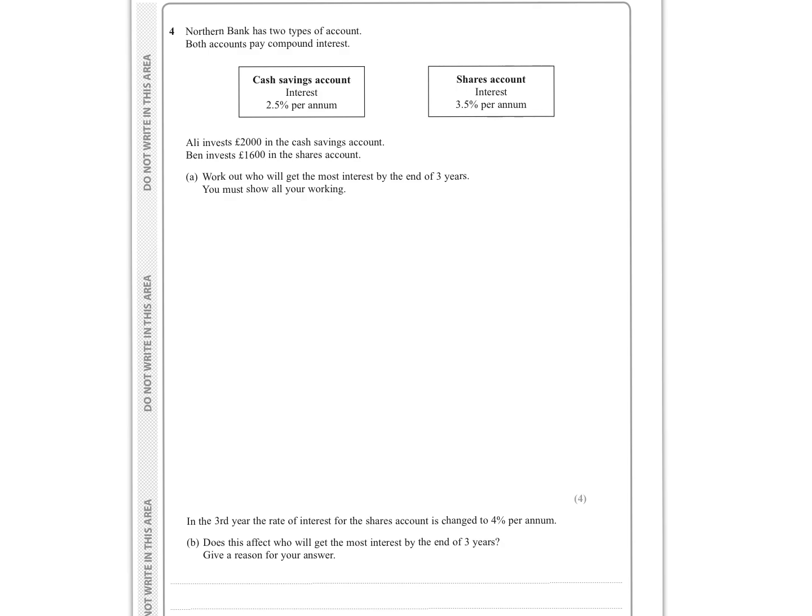Question 4. Northern Bank has two types of account and they both pay compound interest. So Ali invests £2,000 in the cash savings account, and it's 2.5% per annum. So the multiplier is going to be 1.025 because that automatically adds on the 2.5%. And that's done over 3 years. So instead of writing 1.025 times itself, we can just write cubed.